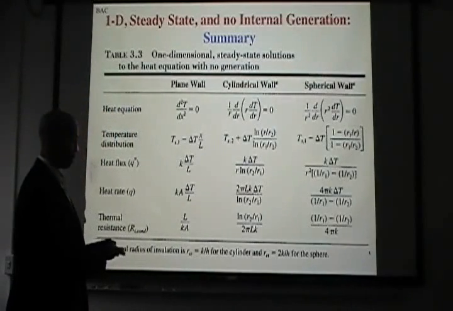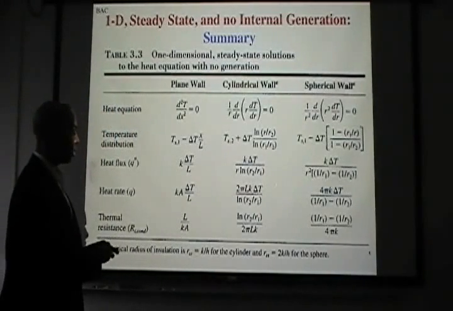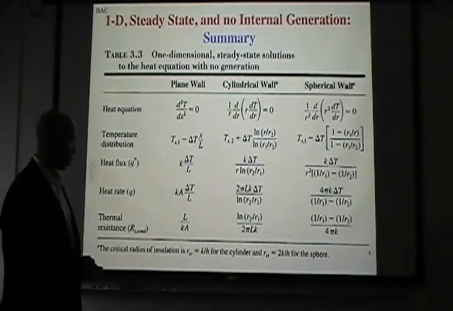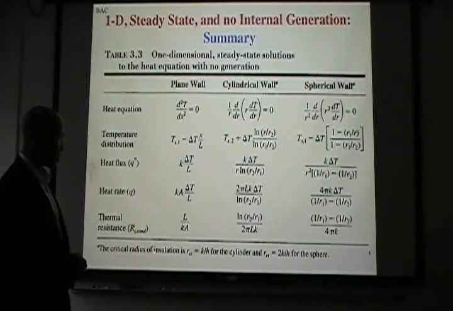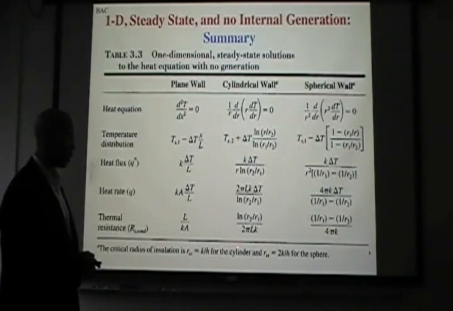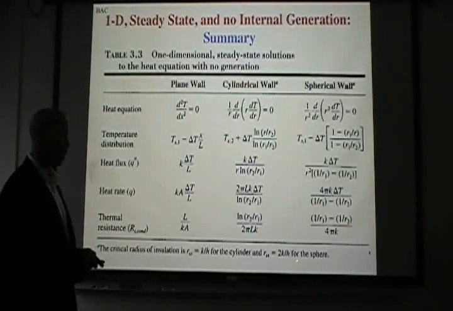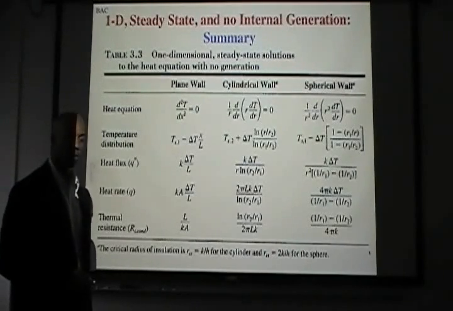So this is something that's useful to refer to for solving problems. And we talked about what the critical radius of insulation is for the cylindrical system, that is k over h. Well, you have a similar thing for the sphere, and it's 2k over h in that situation.